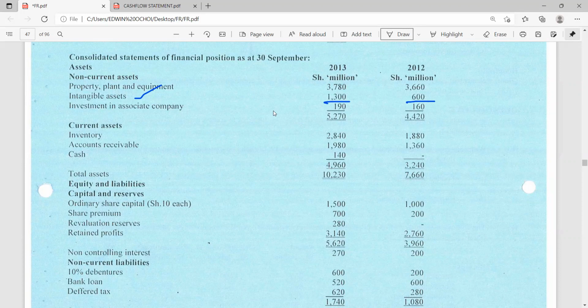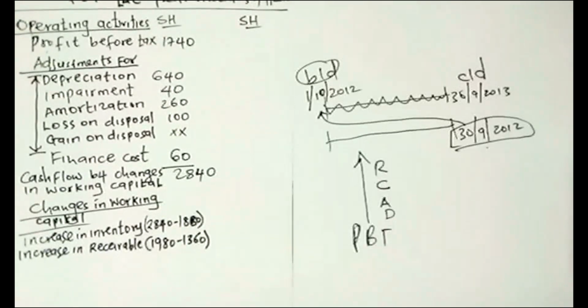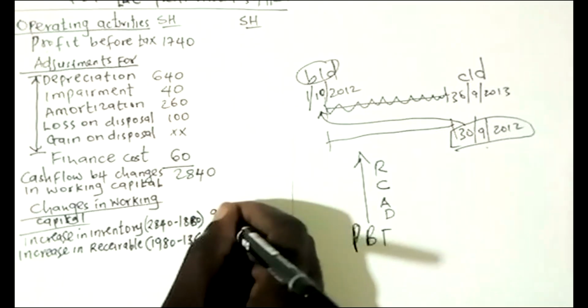Give me the figure for that. Even the receivable increased from 1360 to 1980. So there was an increase. You compare from the start towards the end. So the increase in inventory is 2840 minus 1880, 960.